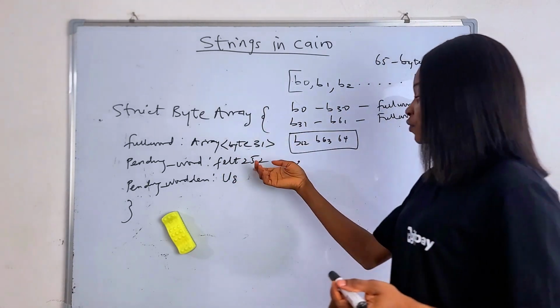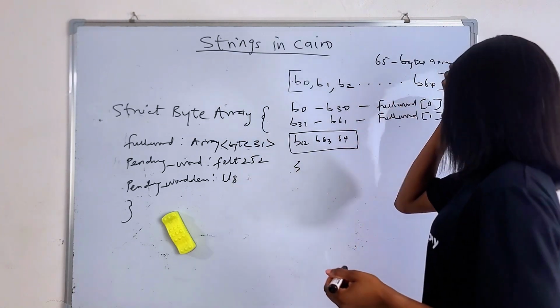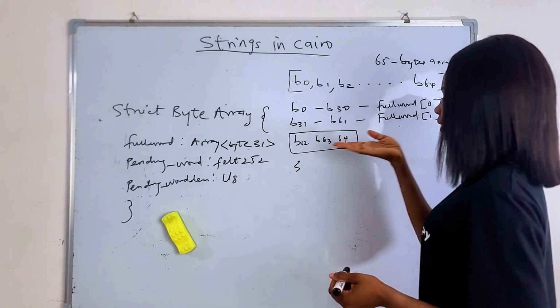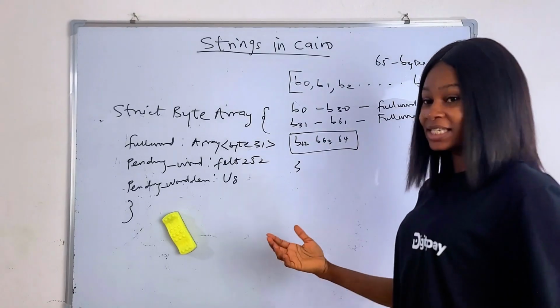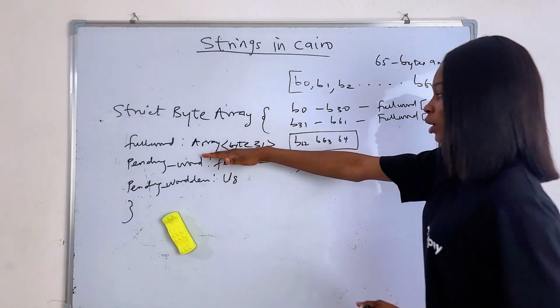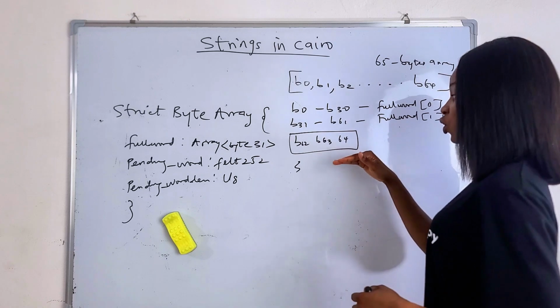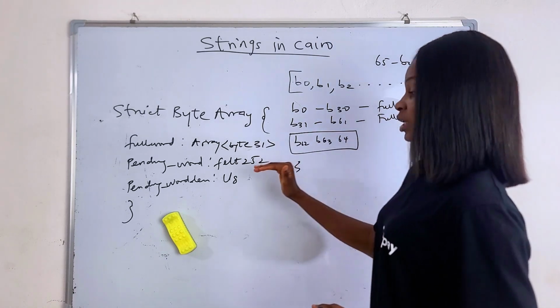And when I use felt252 here and u32 here, you know that the pending word cannot be more than 31 characters. If it is, it gets pushed to the data array. So whatever is left is always less than 31 characters.